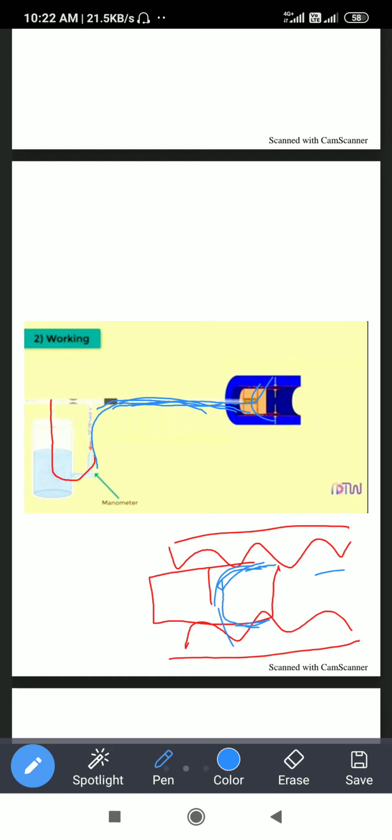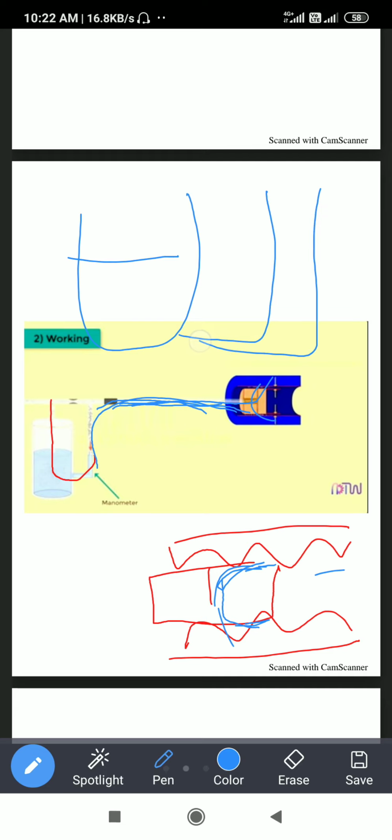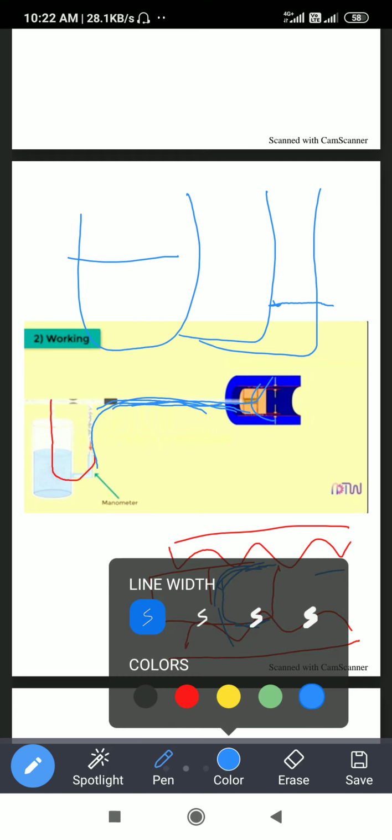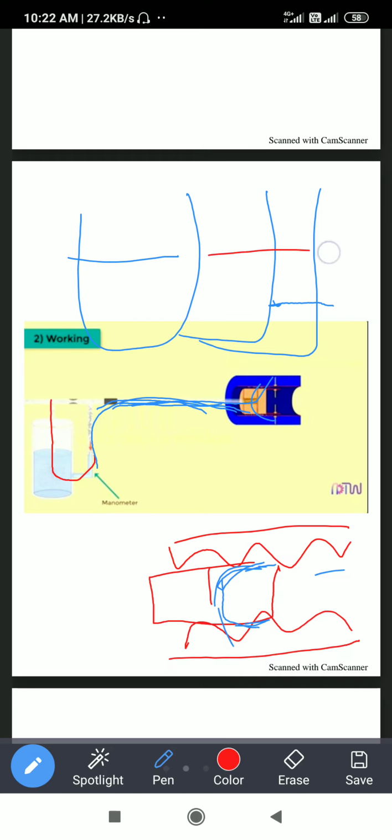Now, the tank water level is there, and over here there is a manometer tube in which the water level decreases with the back pressure. The difference between the water level in the tank and in the manometer is called delta H.